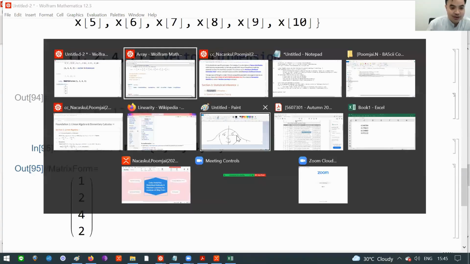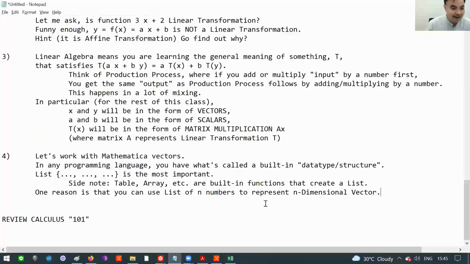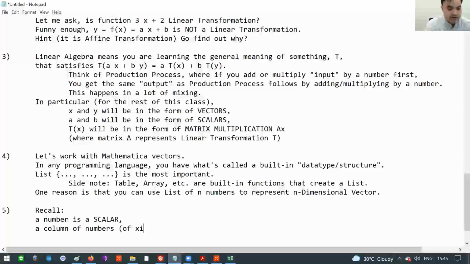Okay. So let's go to this hierarchy. We call a number a scalar. A column of numbers of fixed length n is a vector.